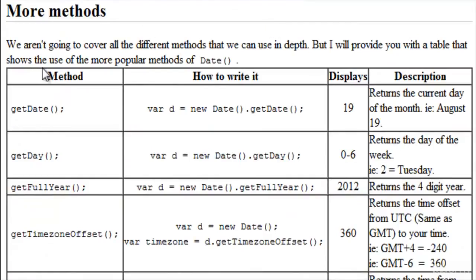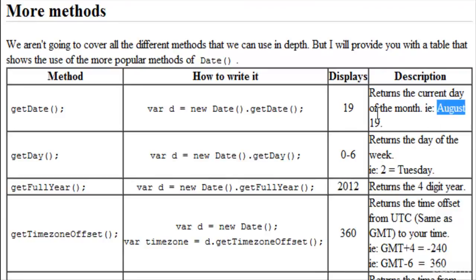There are more methods. We aren't going to go over all the different methods that we can use in depth, but I will provide you with a table that shows the use of more popular methods of the date object. So first one, we have getDate. We write that with variable d is equal to new Date().getDate(). And this would display a number such as 19, and that's because it returns the current day of the month.